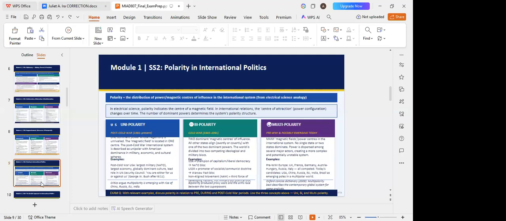You understand? So it is not that power is concentrated in only two countries, but power is concentrated in many countries. So multipolarity of power now best describes contemporary global politics.